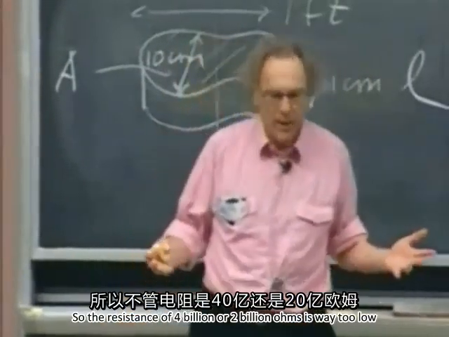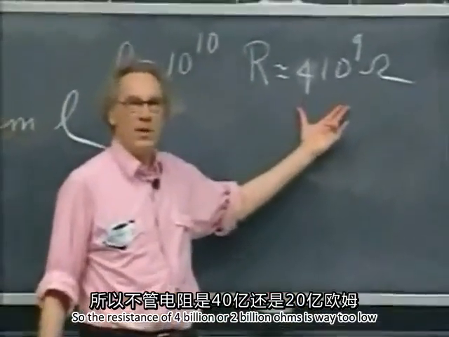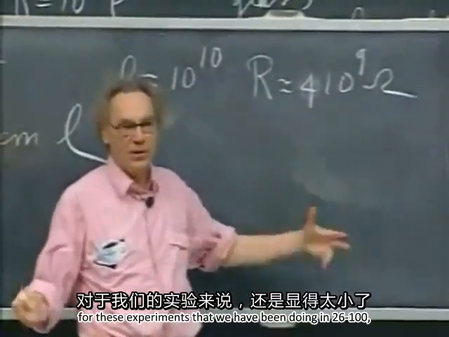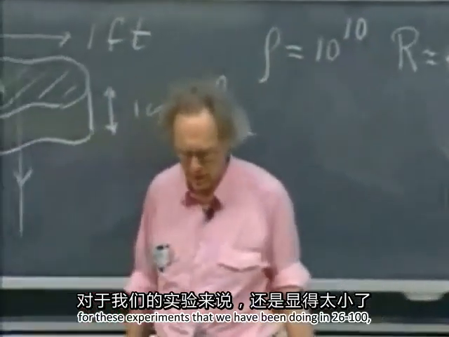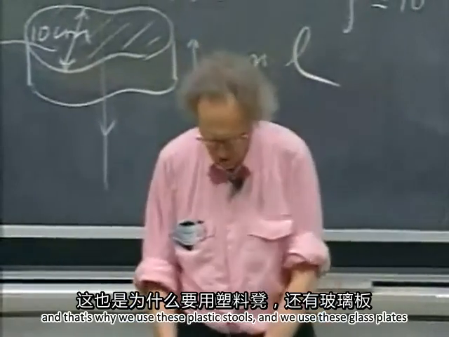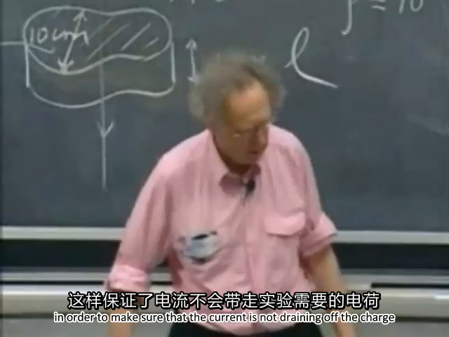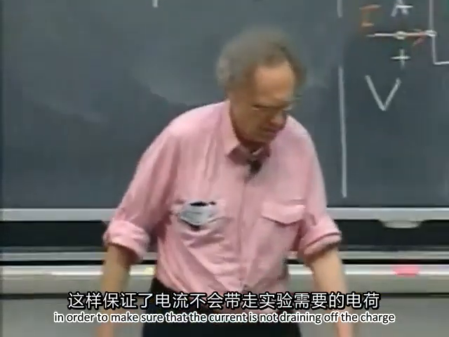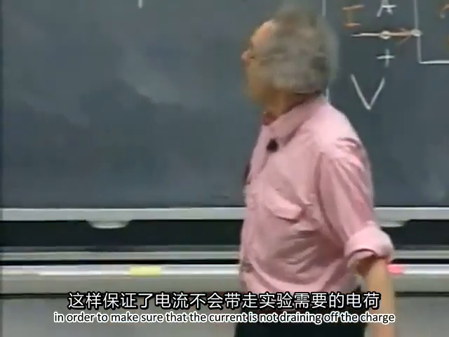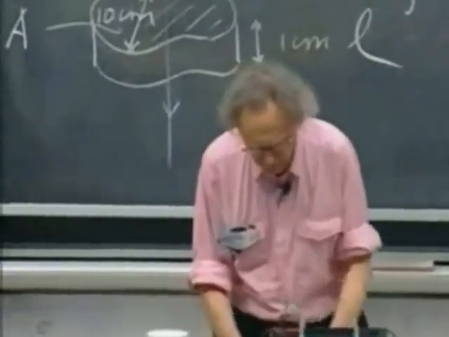So the resistance of 4 billion or 2 billion ohms is way too low for these experiments that we have been doing in 8.02, and that's why we use these plastic stools and we use these glass plates in order to make sure that the current is not draining off the charge that we need for the experiments.